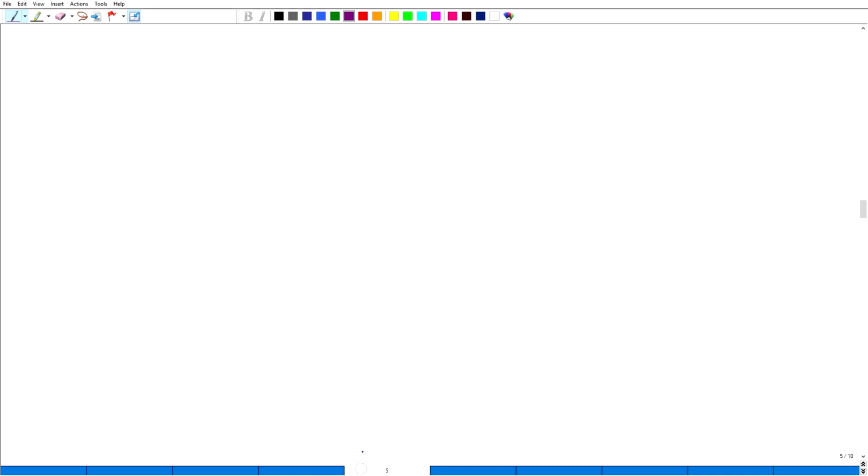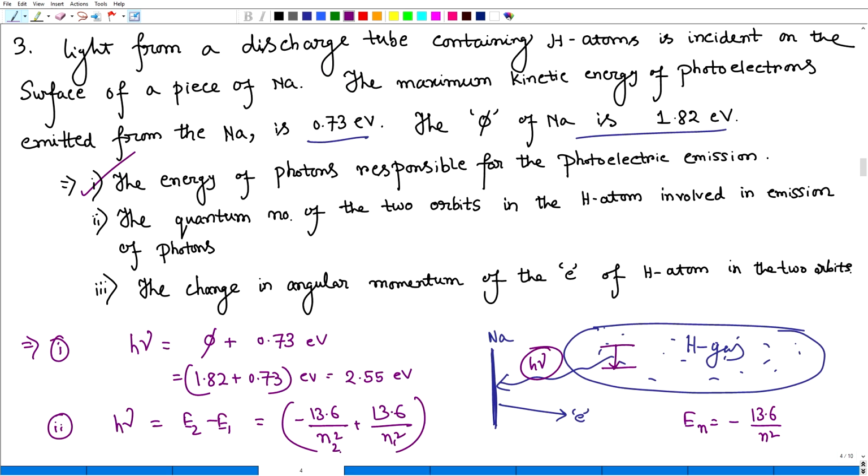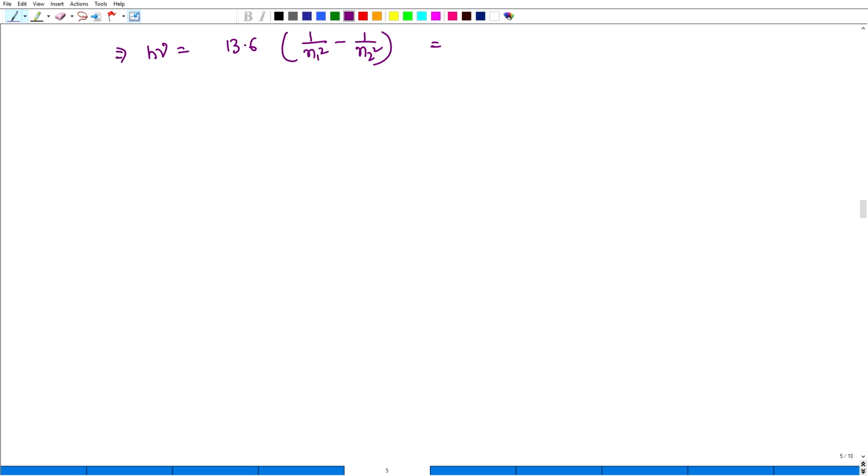So, if you take common, then it will be h nu equals 13.6 times (1 by n1 square minus 1 by n2 square). Okay. So, now h nu is given. What was the h nu? We have calculated 2.55 electron volt.